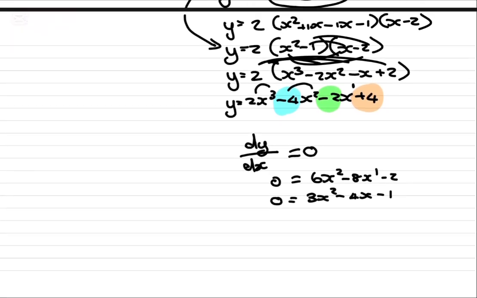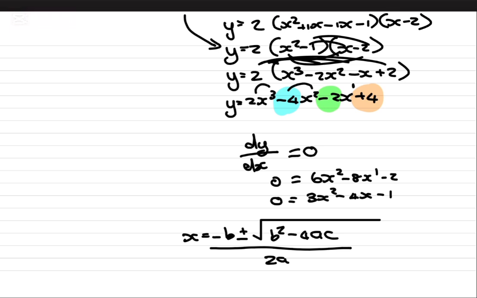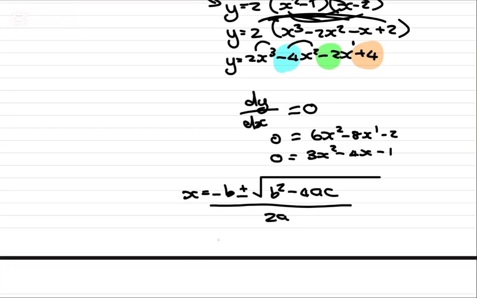So we're probably going to use our formula, which would be x equals minus b plus or minus the square root of b squared minus 4ac, all over 2a. If you use your formula, you need to write it down. Remember that I've got my negative b, which would then be a positive 4, because this is my b value, plus or minus b squared, which would then be negative 4 squared.